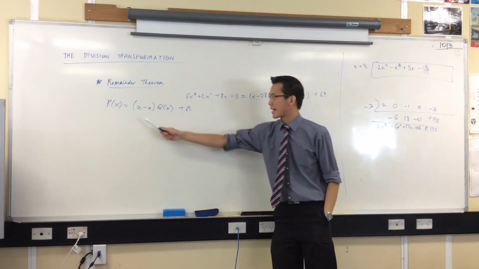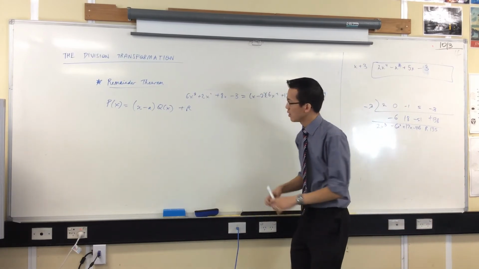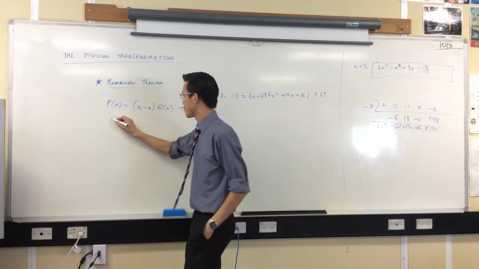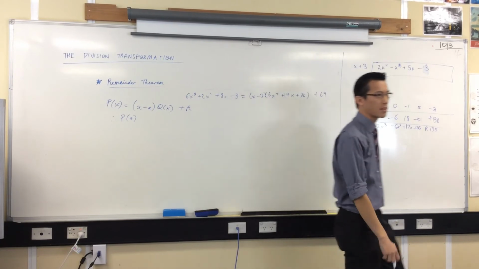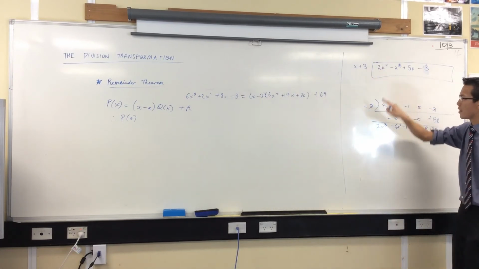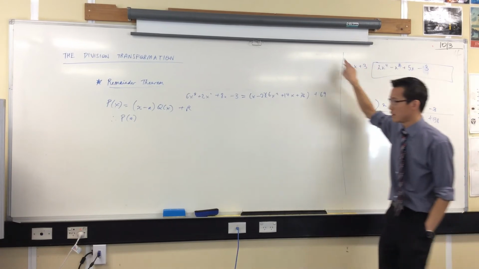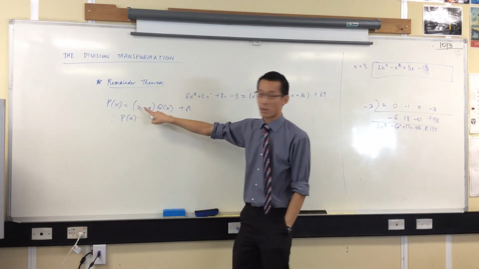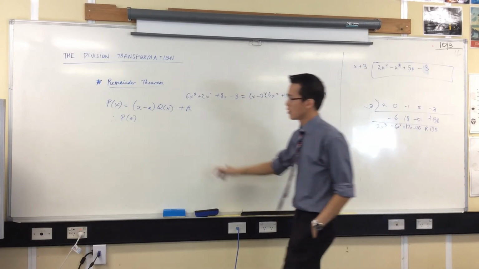If I can state this, which is kind of like this but in a general form, therefore, if I substitute in that 0 that corresponds to the divisor, what happens?